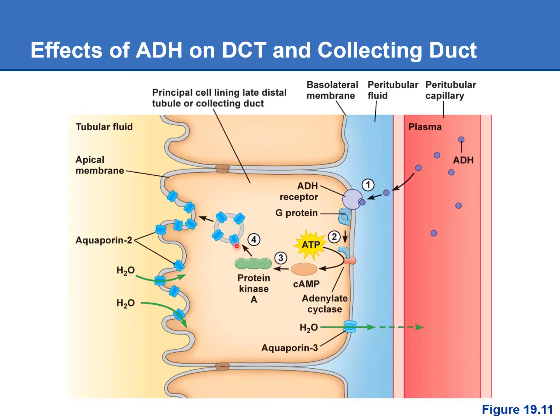We end up phosphorylating some proteins which cause aquaporins to be put on that apical membrane, and now water can be moved through the epithelial cell and be reabsorbed back into the blood. And by reabsorbing that water, you're going to increase the blood volume and increase the blood pressure. And then also the urine volume will decrease and the urine will become more concentrated.